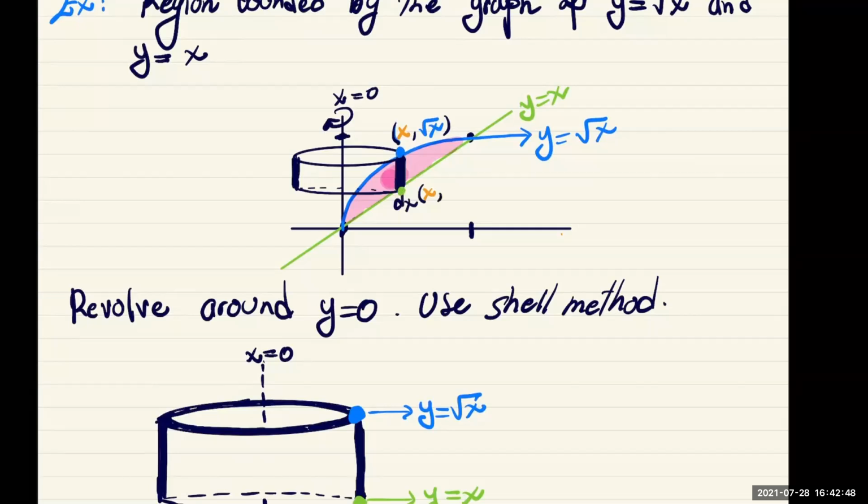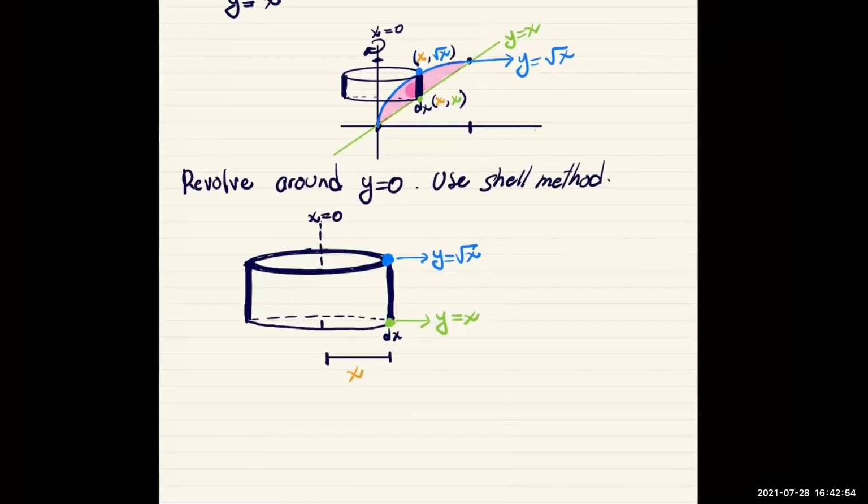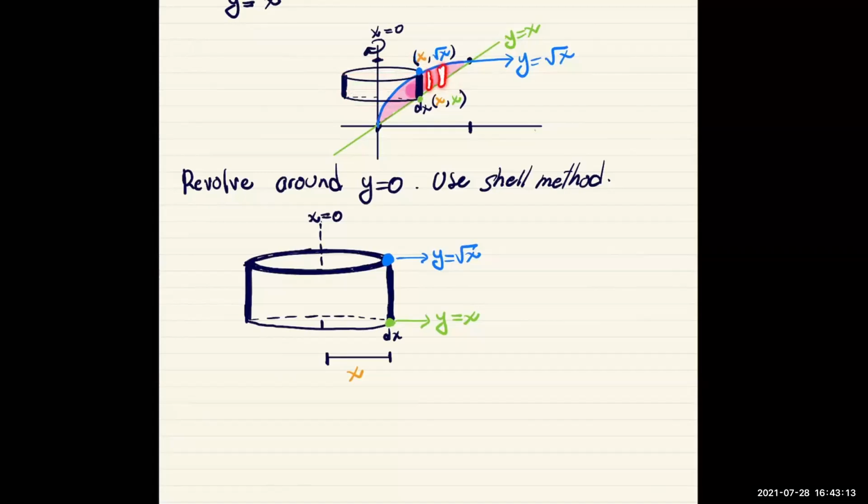It happens to be x here also, because it's on the green line. So the horizontal distance here is just x. x is not a constant, x is varying. Everything here varies, guys. When you look at a different x, you get a different shell. So both the radius and the height of the shell change as you vary x.